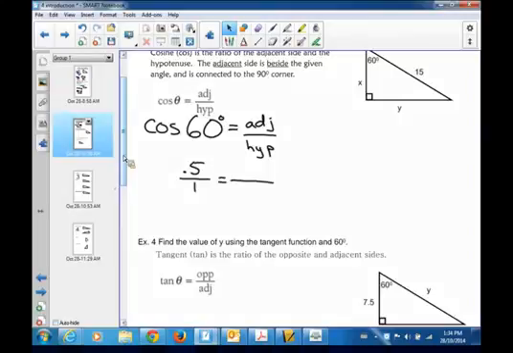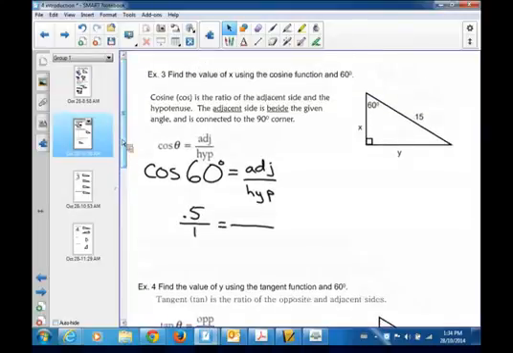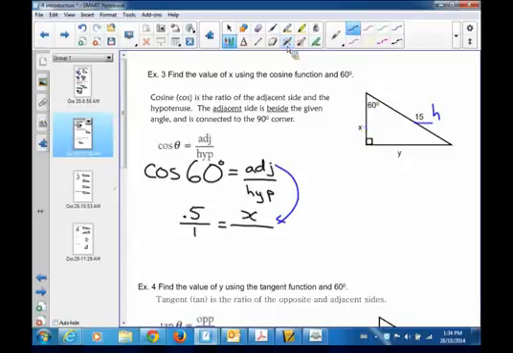And that's going to be equal to, remember, we're talking 60 and I want to find the X. This is the adjacent side, and this is the hypotenuse side. So for adjacent, I'm going to put in the letter X, and for the hypotenuse, I'm going to put in the 15.